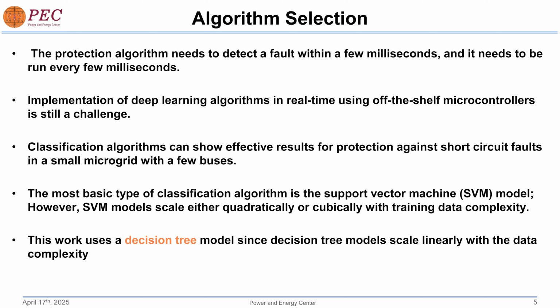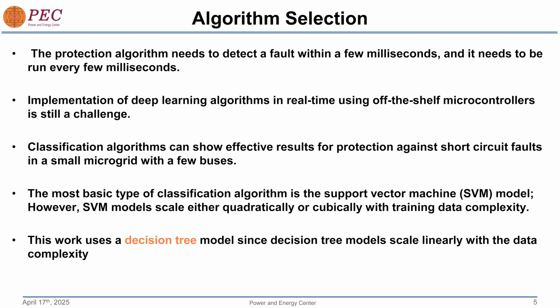We wanted this to be able to run on off-the-shelf microcontrollers, so we ended up going with a decision tree model, which is essentially one more step up in the hierarchy of machine learning models. With a decision tree model, the model could still be very small, so it could run on a microcontroller, and it could run every few milliseconds on even a small microcontroller like, say, a Raspberry Pi.